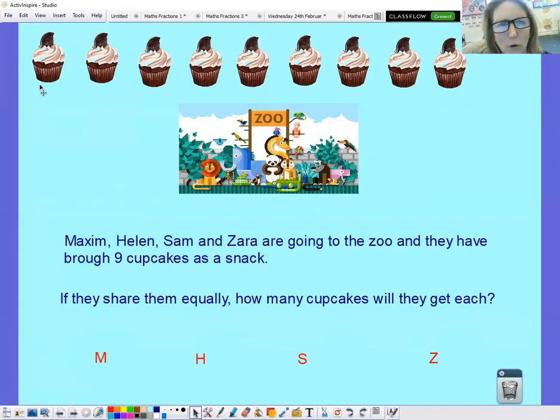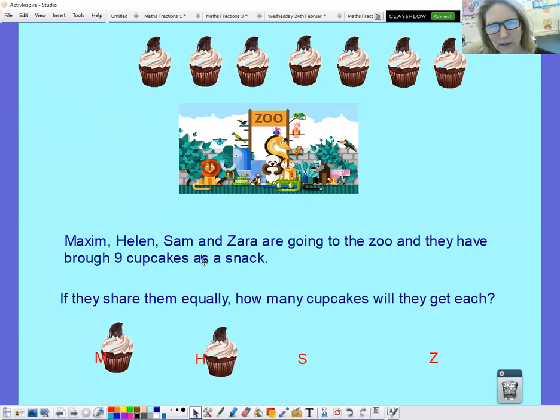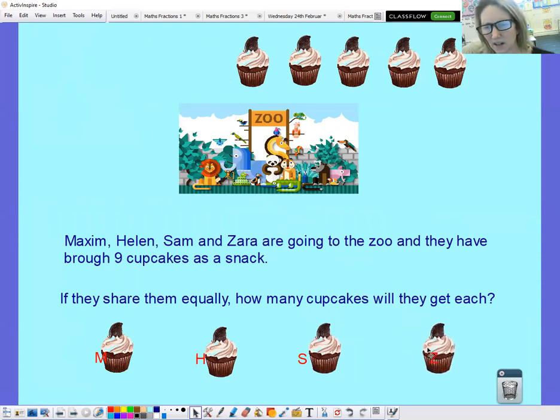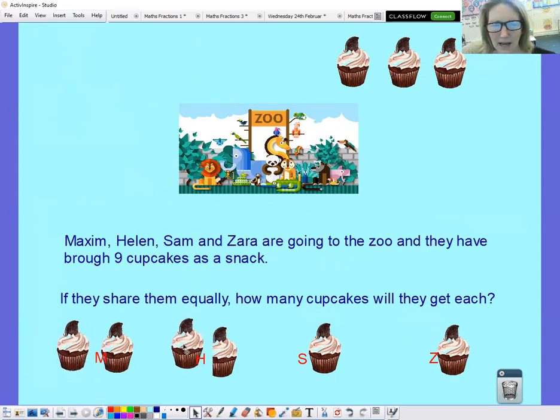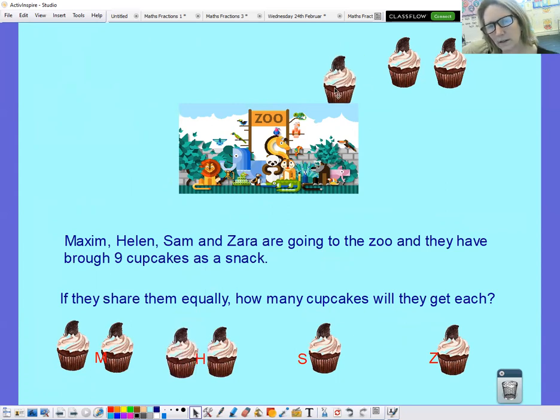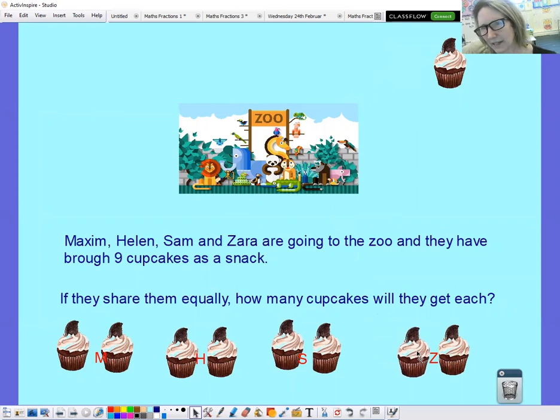So let's share out the whole cupcakes. Maxim gets 1, Helen gets 1, Sam gets 1, Zara gets 1. Is there enough for them to have another whole one each? Yes, there is. So Maxim gets another one, Helen gets another one, Sam gets another one, and Zara gets another one.